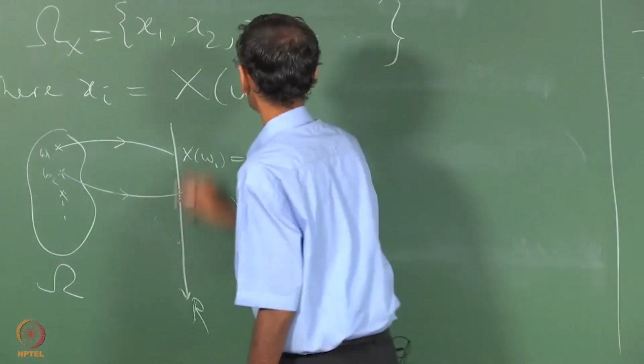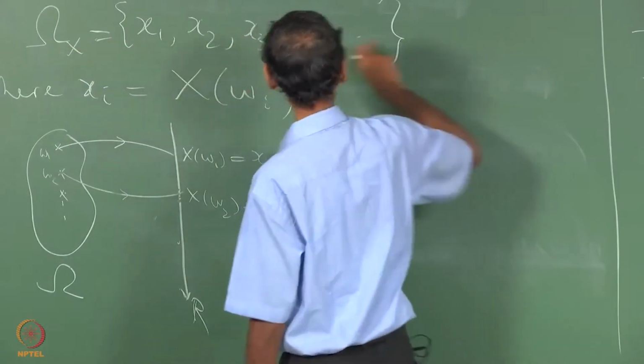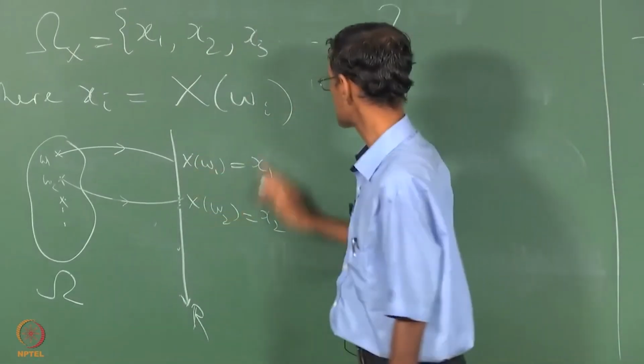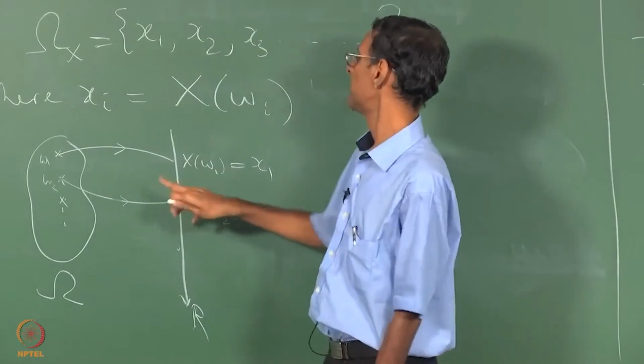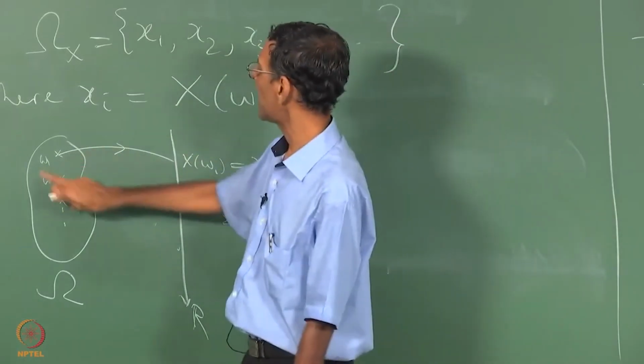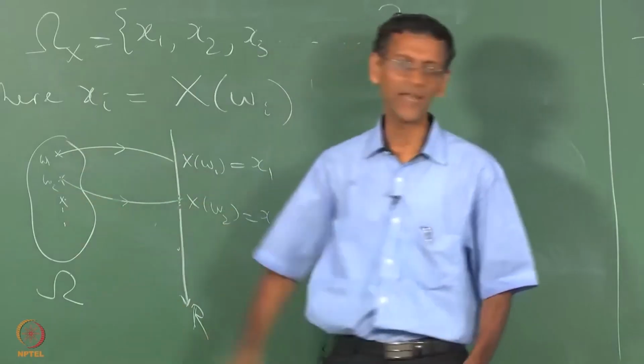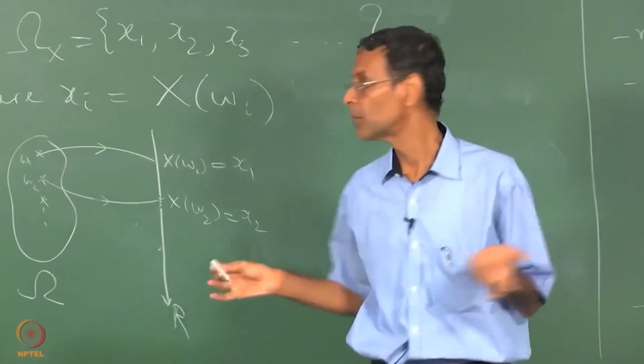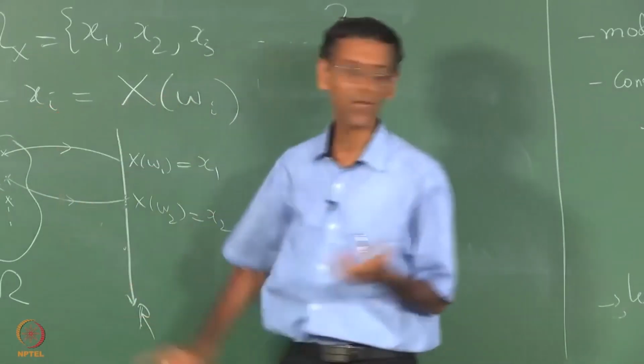Okay, so I have omega X as being this collection of points, and whenever the outcome omega i occurs, the random variable X spits out the value X of omega i, which is written as small xi.